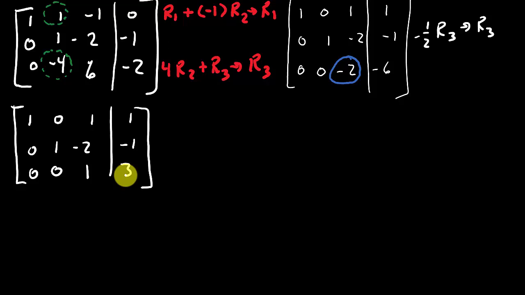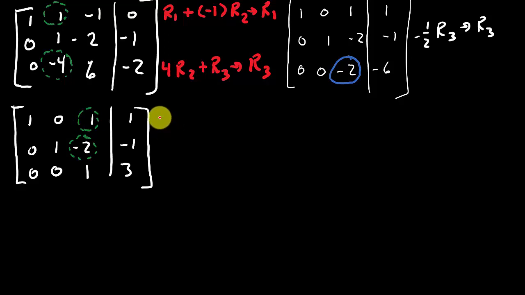All right, so now what I'll do is I'll use this one, and I need to get zeros here and here. Okay, all right. So, well, on this one, I can just do what?